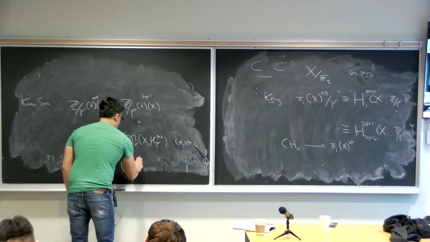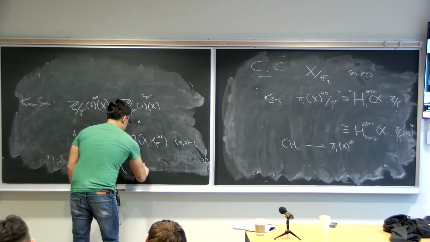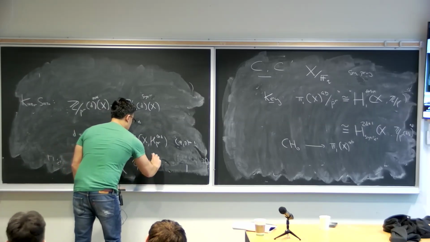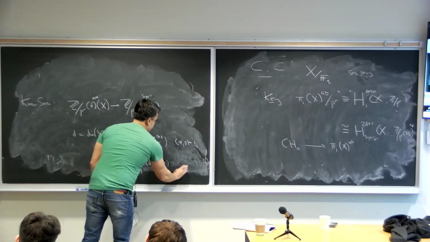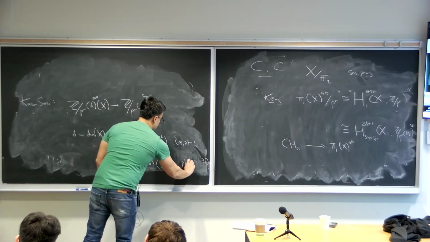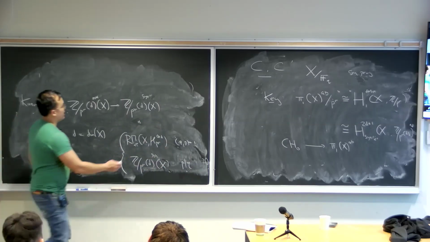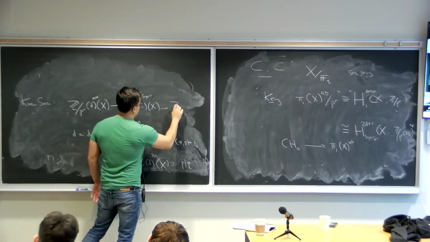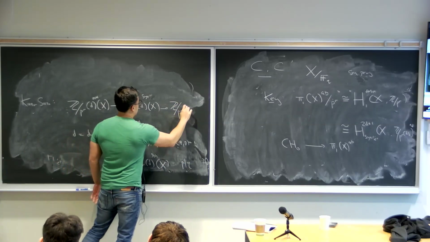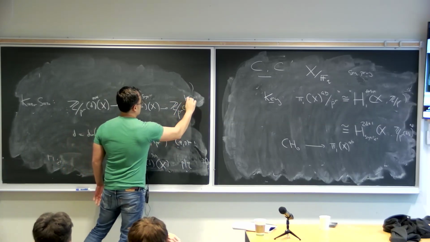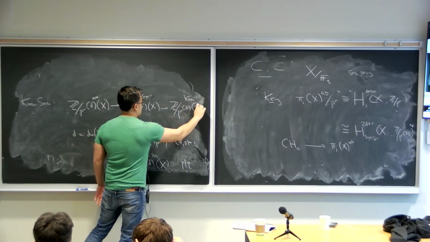Otherwise, I'm going to write syntomic homology, which is the correct version when p divides q. And so there's the cofiber, which is Kato homology, Z/p^r in weight D, Kato of X.